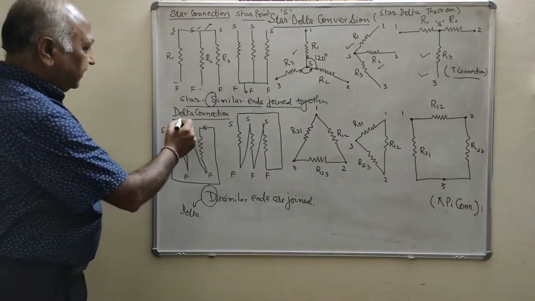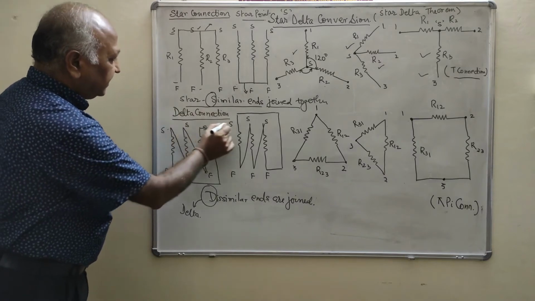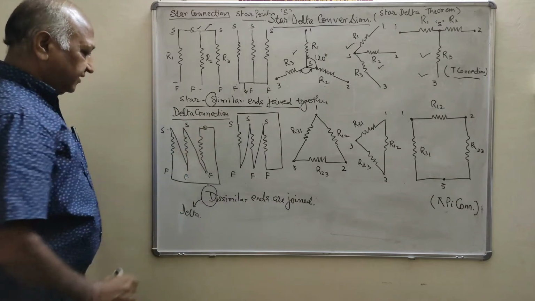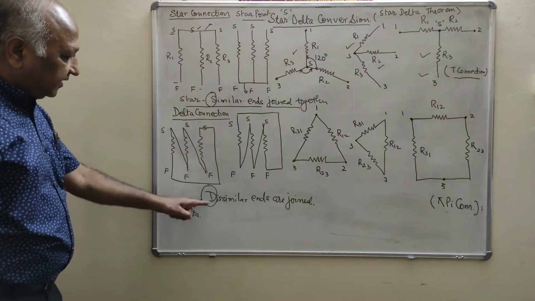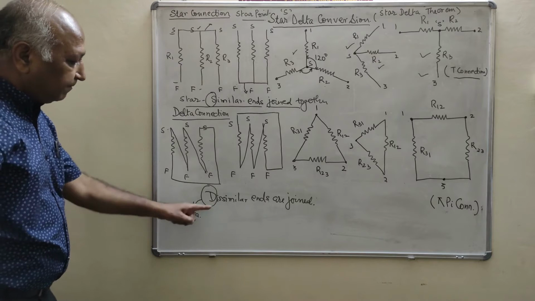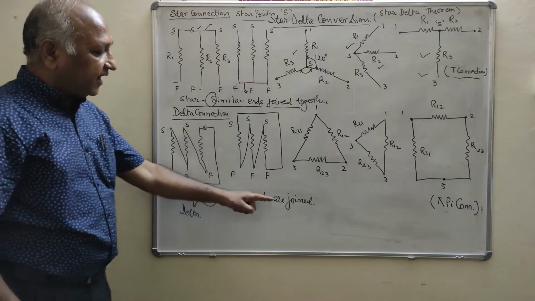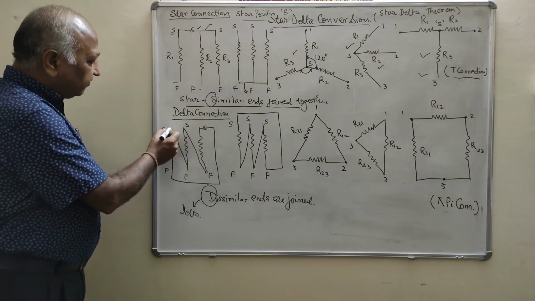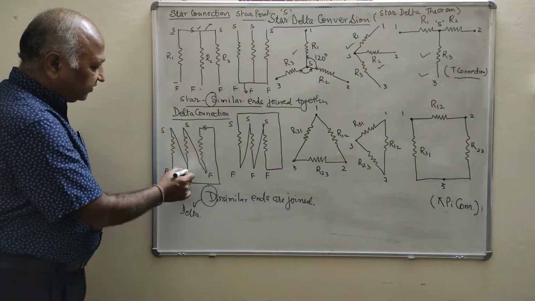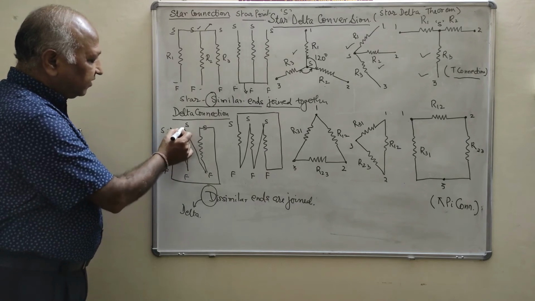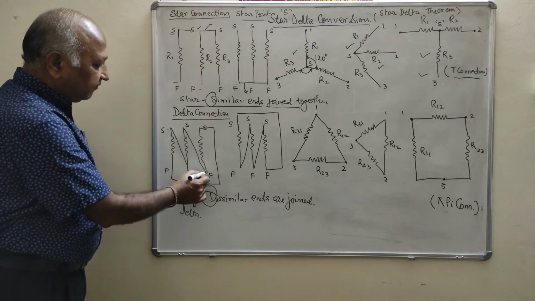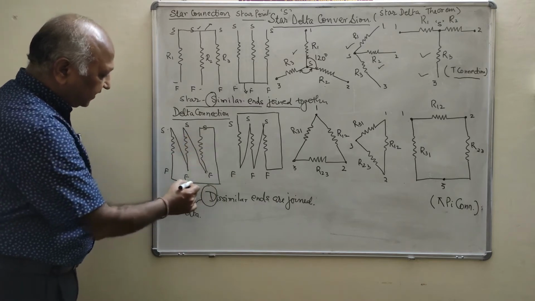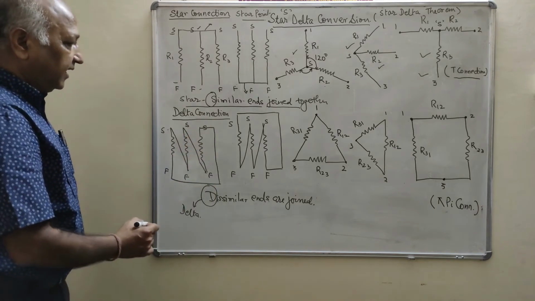Similarly, we will discuss the delta connection. In the delta connection, D for delta, the dissimilar ends are joined together. You see, the start end of the first is connected to the finishing end of the second, the start end of the second is connected to the finishing end of the third, and the starting end of the third is connected to the finishing end of the first.